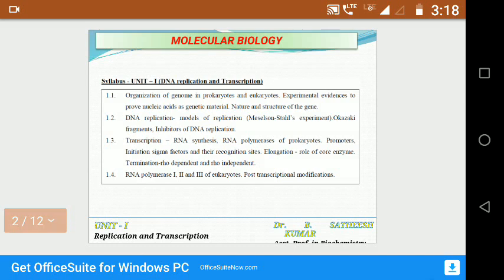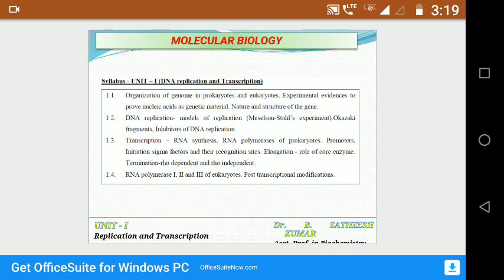Let us see the topics which are to be covered in unit 1 of this paper 7. This unit 1 comprises of replication and transcription, two processes, and the first subtopic in this unit is just fundamentals about nucleic acids, organization of genome in prokaryotes and eukaryotes, experimental evidences to prove nucleic acids as genetic material, nature and structure of gene.